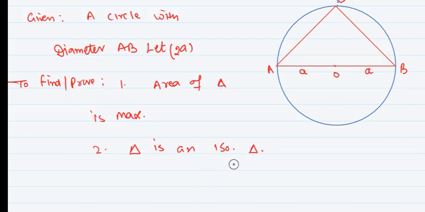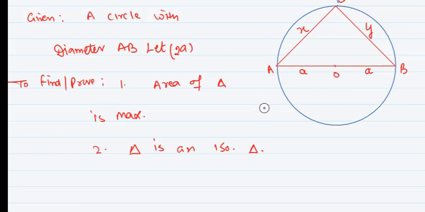Okay, these two things we need to prove. As I just told you, by using the given quantity we will frame the function, and the function is the area of the triangle. By calculating its double derivative and proving that it is negative, we can easily say that the area is maximum. And second, the triangle is an isosceles triangle. It means we need to prove that AC is equal to CB. Okay, so let us consider that AC is equal to x and CB is equal to y, because initially we have to take these two as different, and finally we will prove that x is equal to y. Okay, so this is how to understand the question.